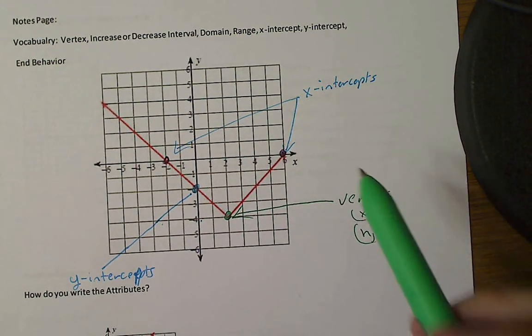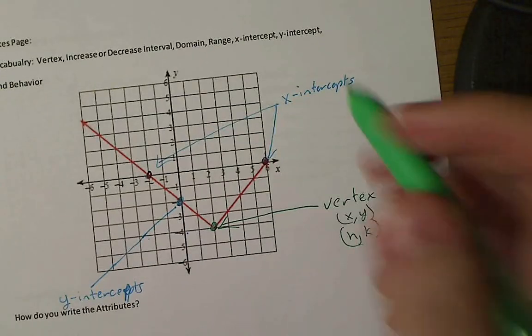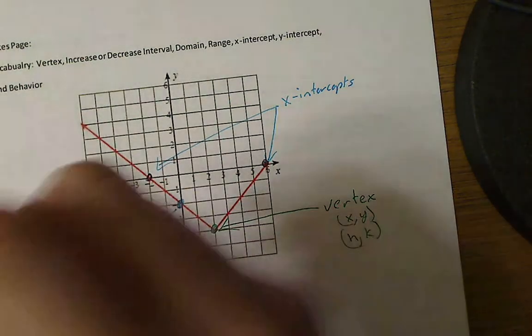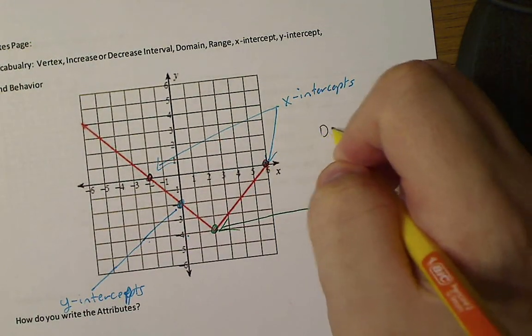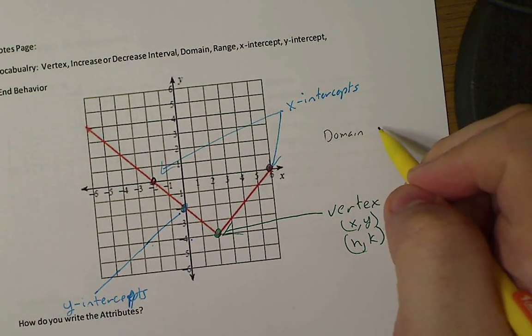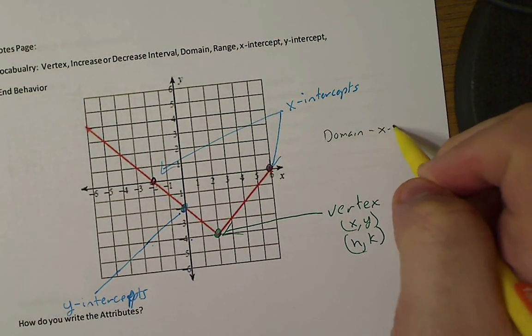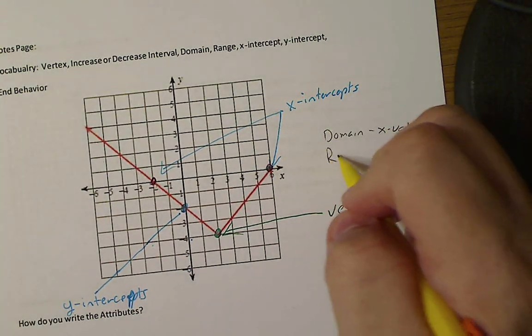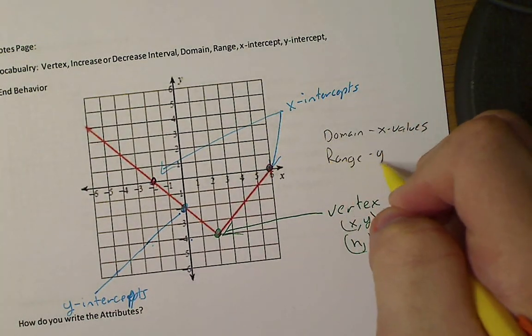Then we have your domain and range, and then we know your domain. Your domain is going to be your x values. We know your range are going to be your y values.